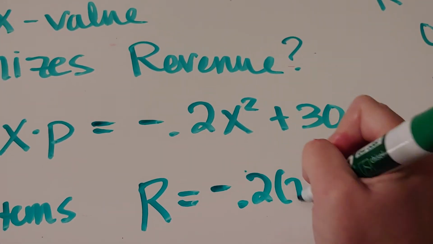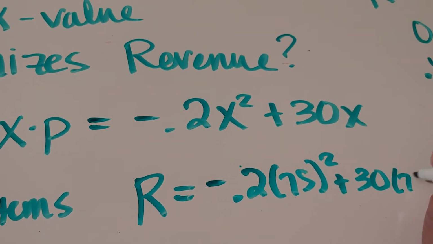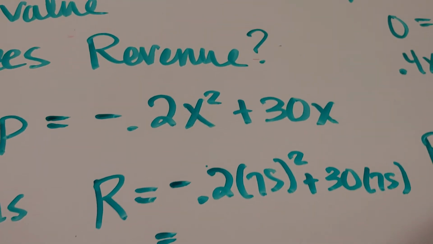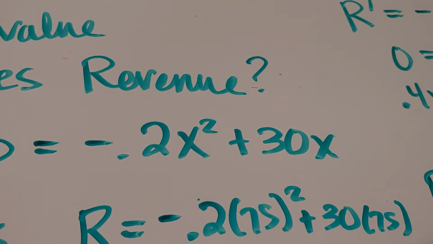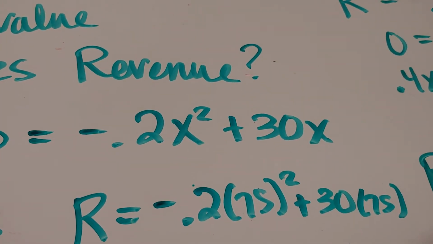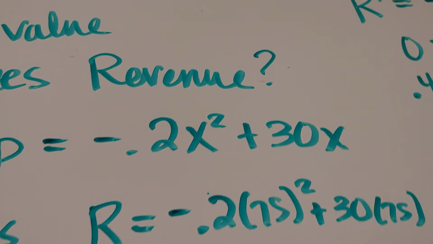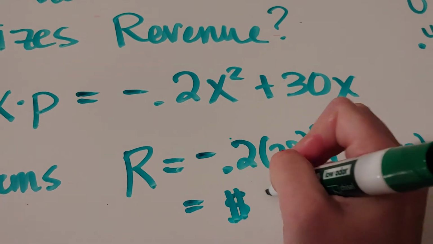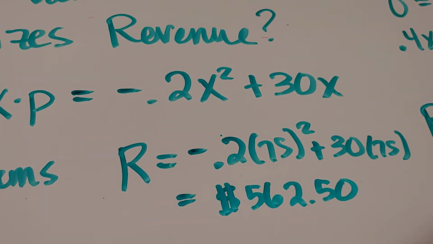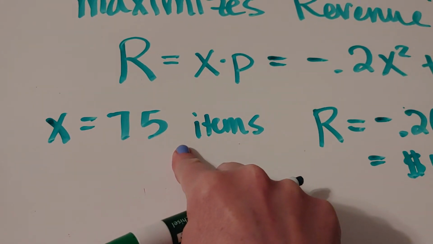So if I plug in 75 into this equation, I get, trusty calculator, let's see, negative 0.2 times 75 squared plus 30 times 75. And if I hit all the buttons right, I get a whopping $562.50.